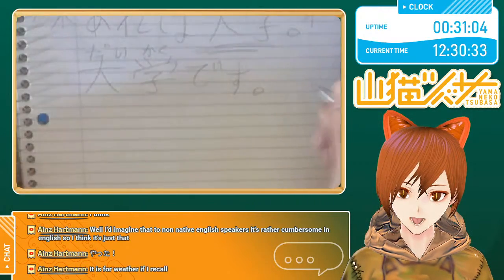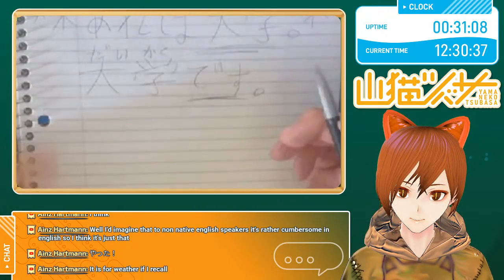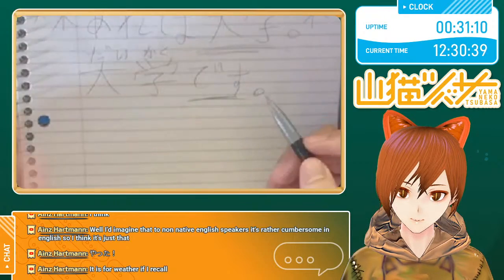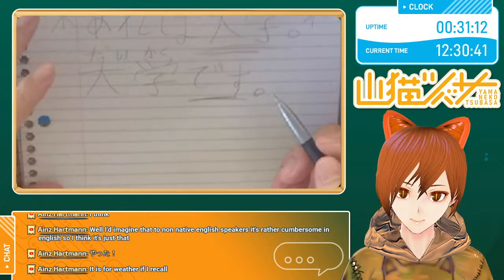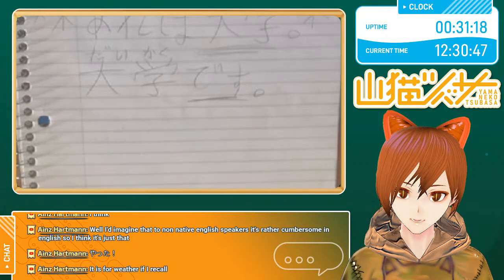Desu here, not only does it have what's known in linguistics as a copula. Copula basically means it is something you write down that holds no meaning on its own.